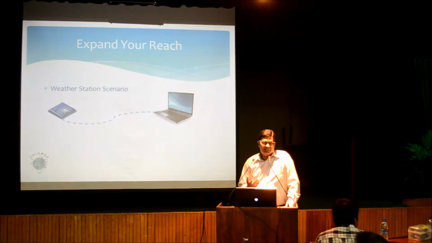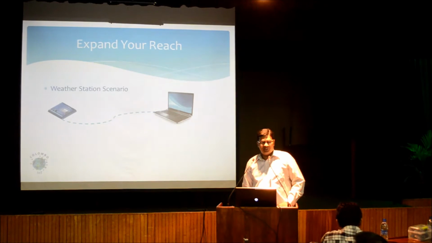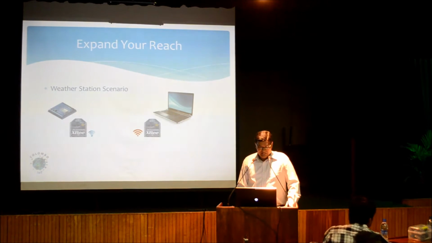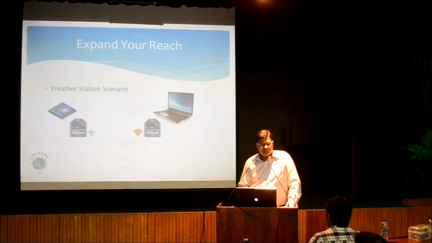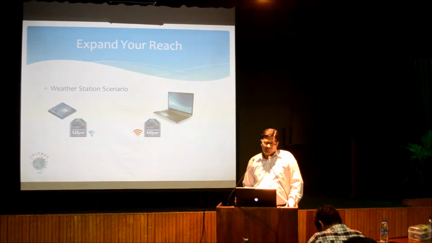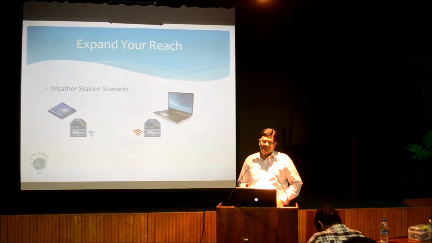So with these sessions I'm using XBee to explain it. So let's use two XBees. And now instead of the cable, you have integrated an XBee to your device, and also another XBee to the server. Now you can easily implement your weather station in the real world.